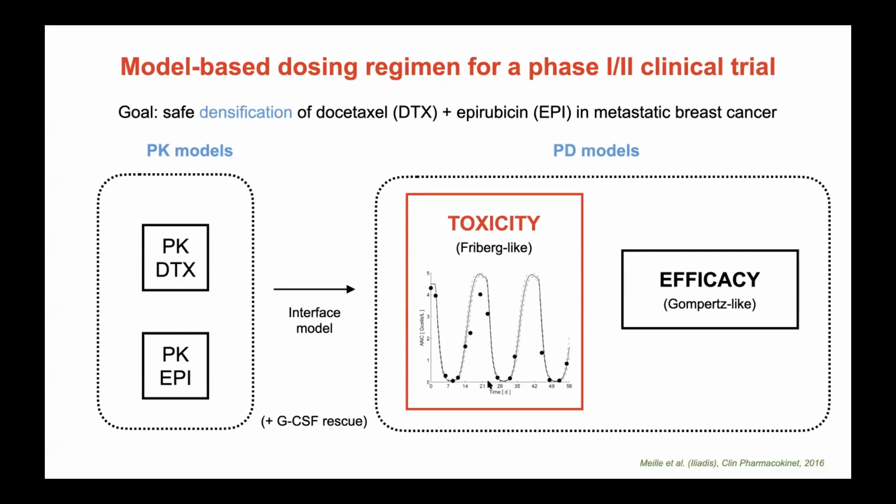So that was one constraint, that this neutrophil count had to remain above this absolute value. And there was a relative constraint value where the neutrophil count was allowed to go below this value, but there was a constraint on the time passed below this value. The time passed below in neutropenia had to remain acceptable, had to remain smaller than a given time.